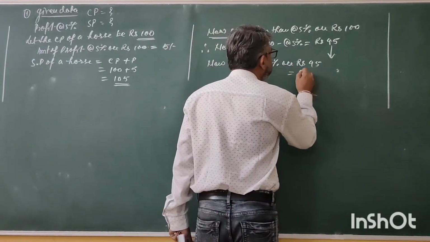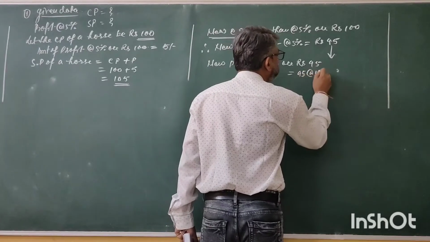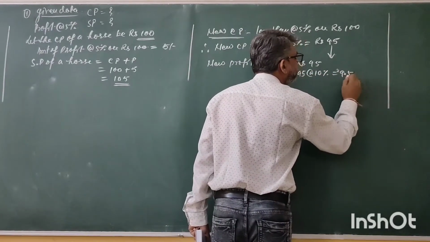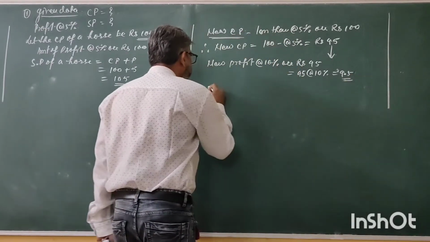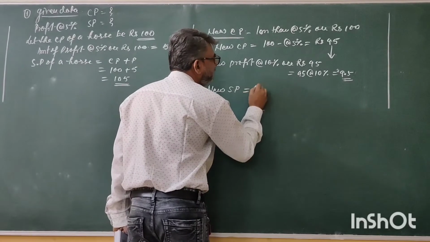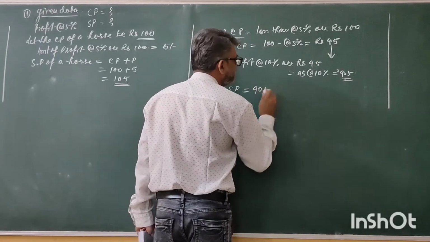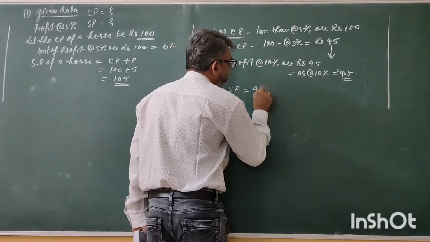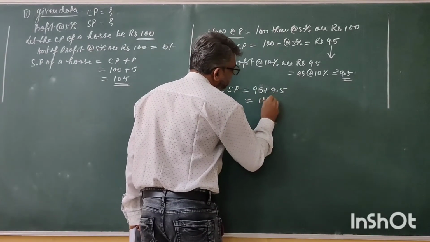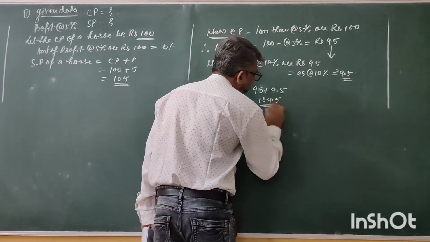Therefore, 95 at the rate of 10% is 9.5 rupees. New SP is equal to 95 plus 9.5, which is equal to 104.5.